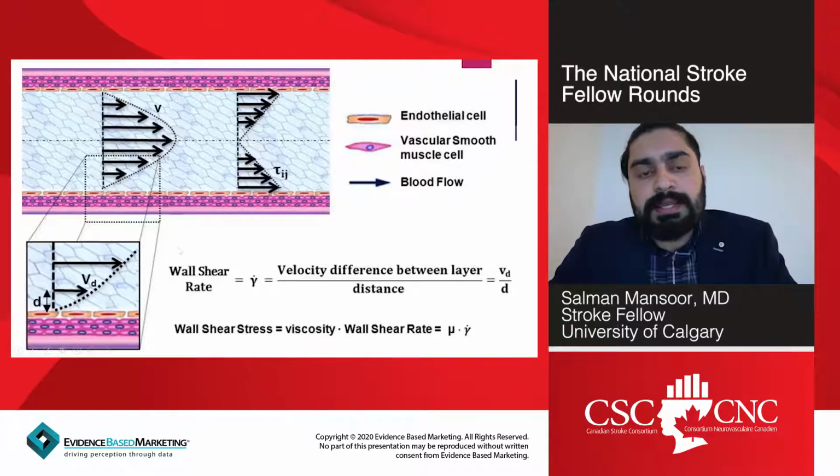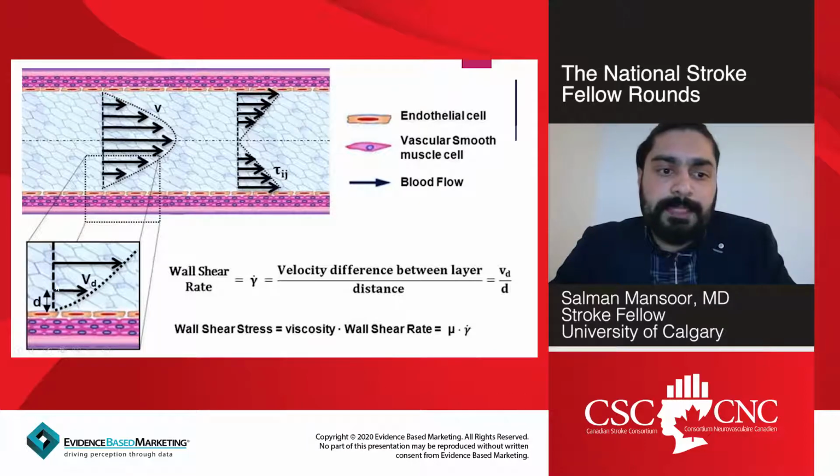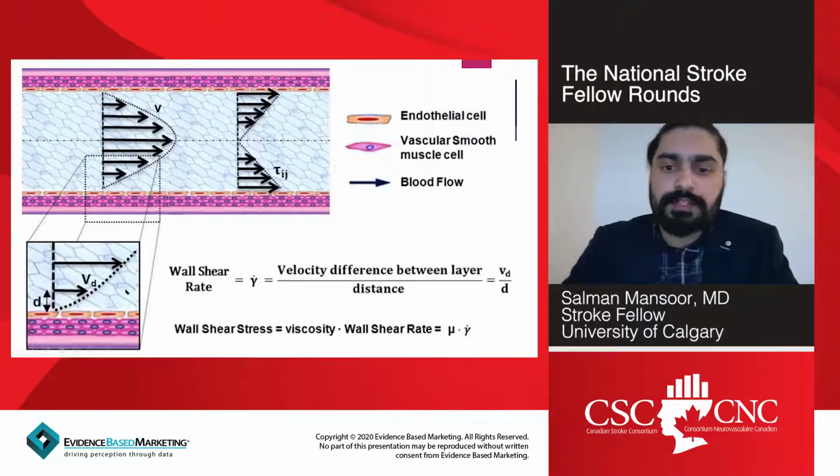Similarly, the shear rate is the velocity difference between the layers, and it can be expressed by this formula, velocity difference between layers divided by distance. The distance in this diagram is determined from the endothelial surface, and the velocity gradient is the rate at which the fluid is flowing.